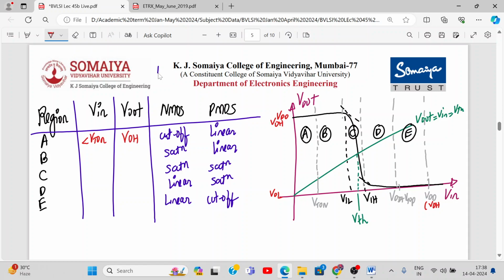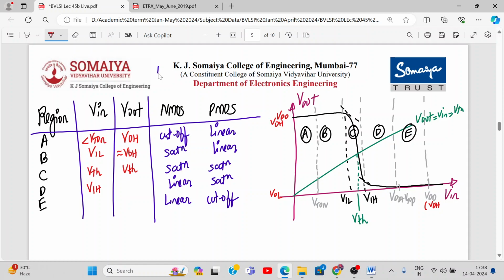The B region corresponds to VIL, and the output is almost at VDD level, so Vout is almost high, approximately equal to VOH. In region number C, it is VTH. This is also VTH. Region number D, this is VIL. Yeah, if you have any query you can ask.